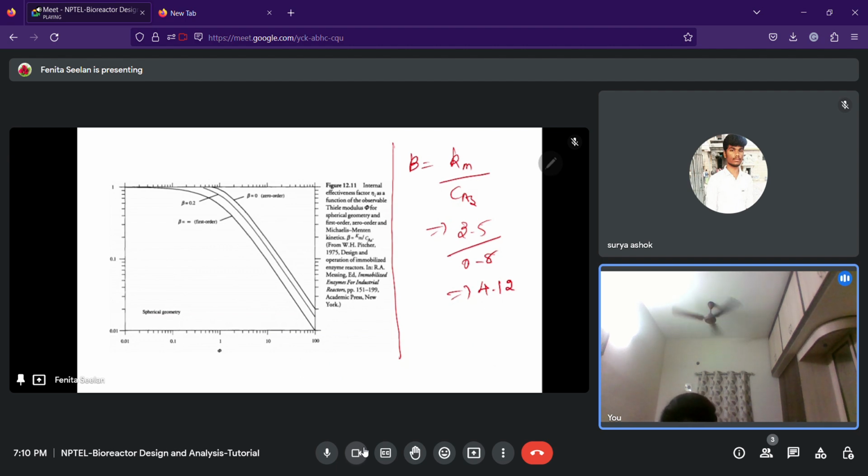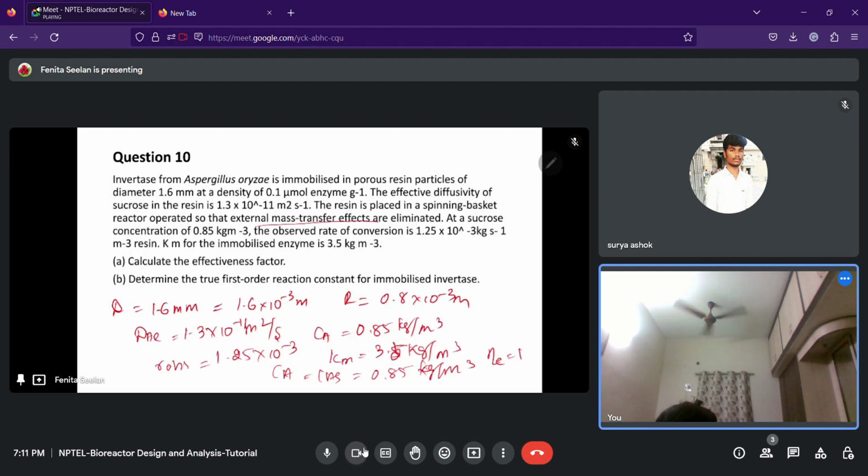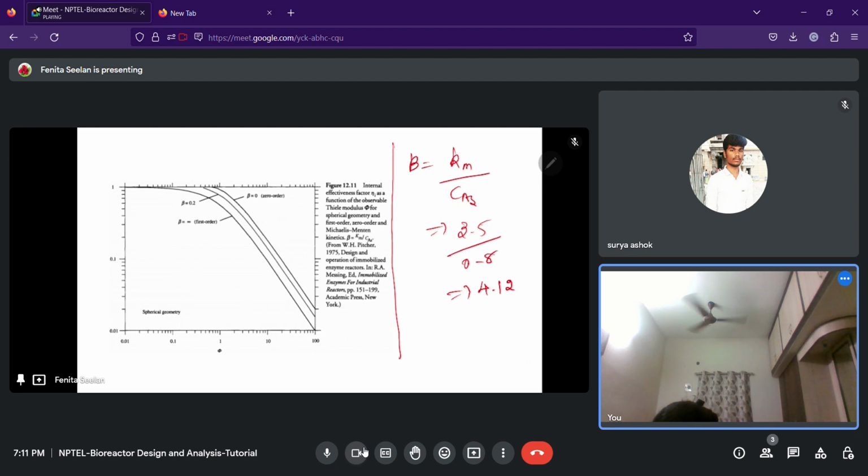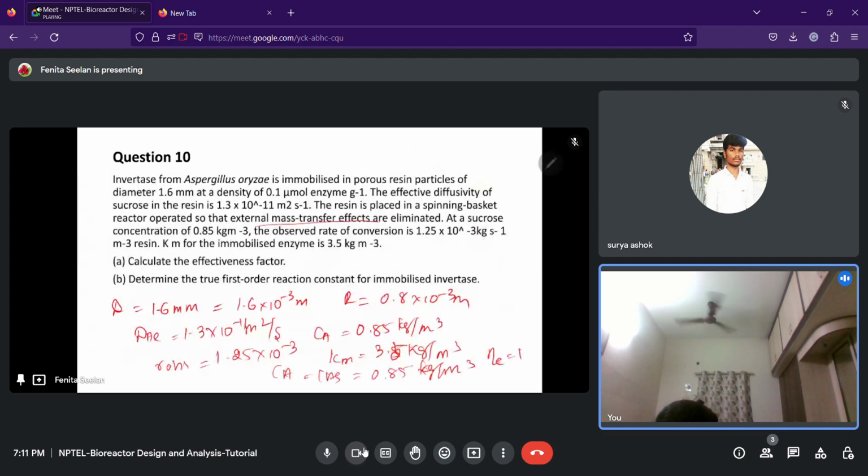From the value of beta, the reaction kinetics can be considered as first order. So we can now calculate the observed Thiele modulus for your spherical immobilized beads.